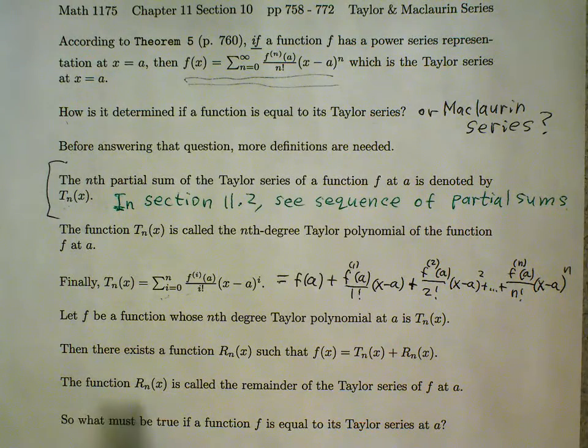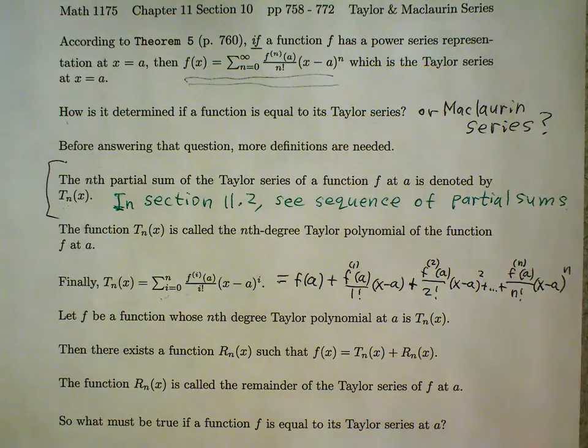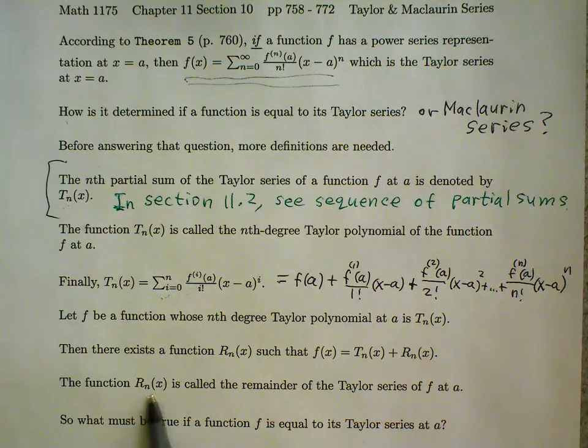The function R sub n of x is called the remainder of the Taylor series of f at a. Earlier on in chapter 11, we saw remainders of series. So this is just the remainder of a Taylor series.